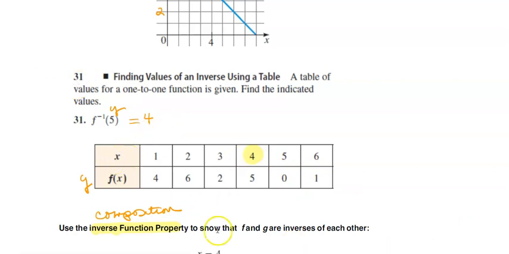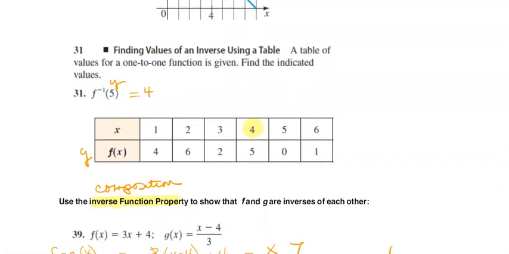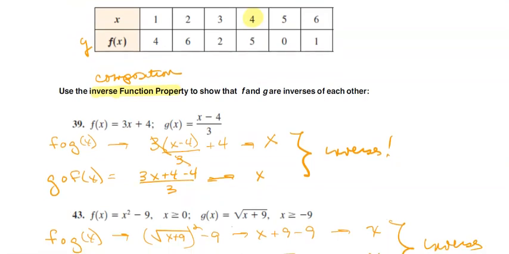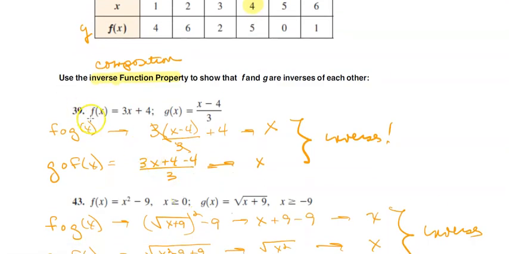We're now moving into using the inverse function property. That is another way of saying, by using composition, prove that the two functions are inverses of each other. Okay, so composition is when you replace the x in the first function with the entire y of the second function.